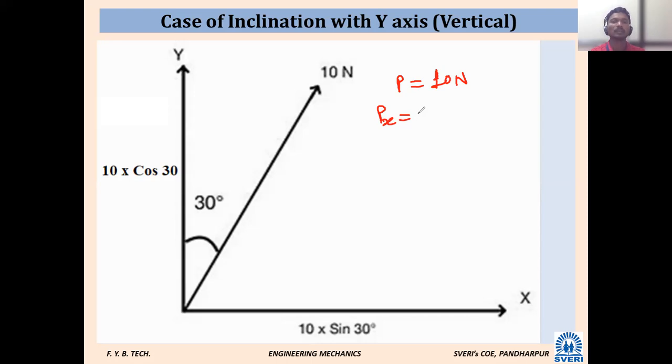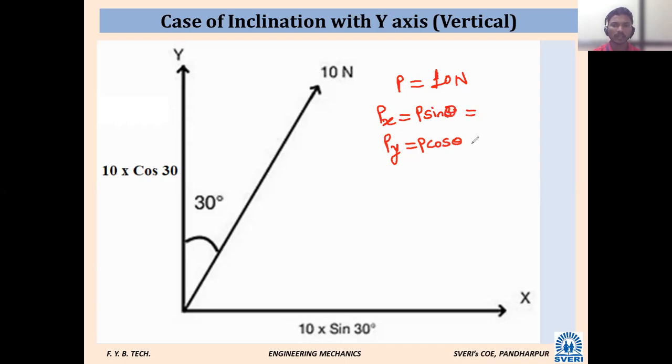Now we want to find its x component and y component. Px equals P times what? The inclination is given with the vertical axis, which means we have to use the sine function for the x component, so P sin theta, and its opposite component will be P cos theta.